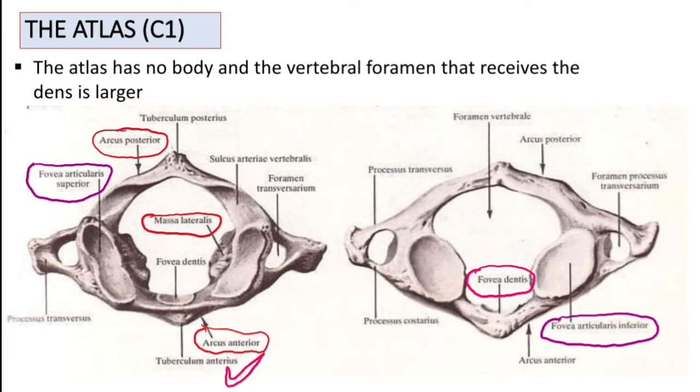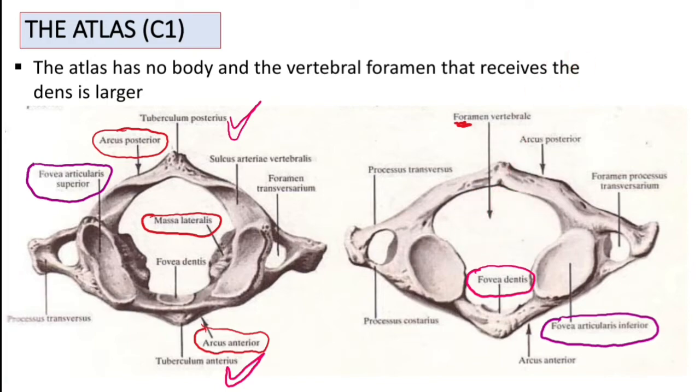Each arch has a tubercle: the anterior tubercle, tuberculum anterius, and on the posterior side tuberculum posterius. Of course, this foramen is big, foramen vertebrale.